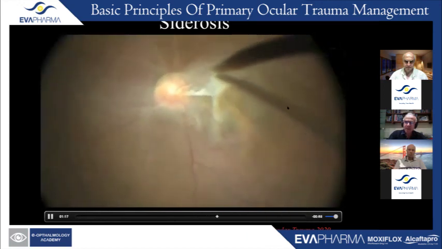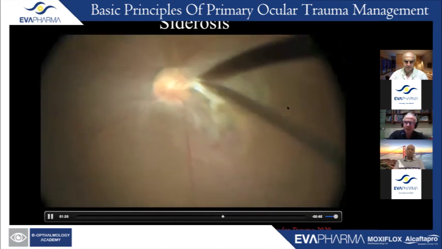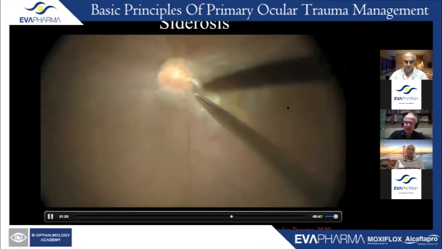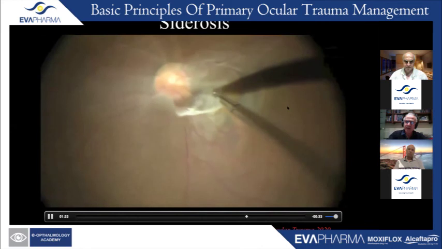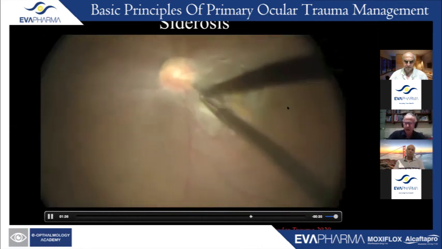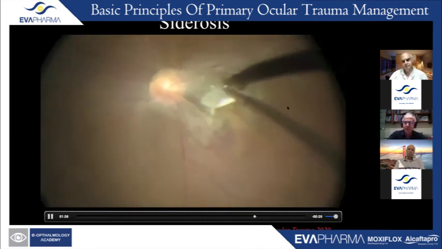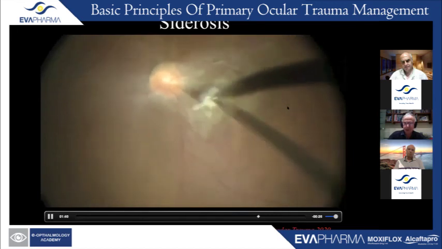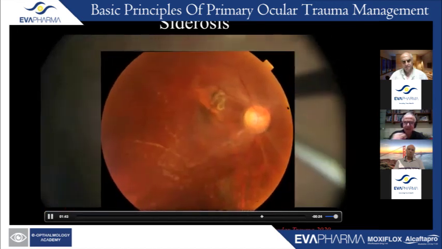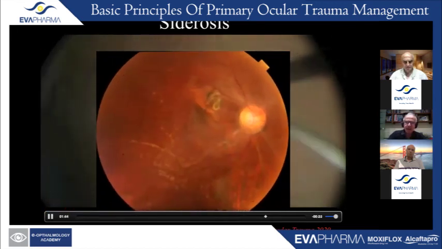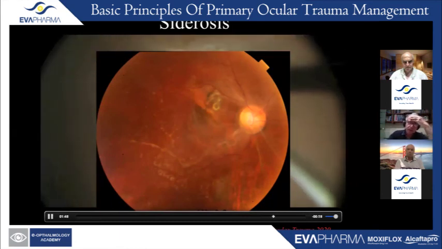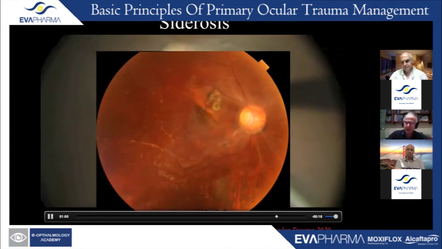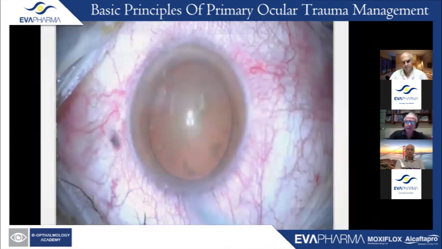These patients with siderosis, siderotic eyes, have a severe inflammatory reaction, and you very frequently meet the epiretinal membranes, which should be removed during surgery. This is the same patient a few weeks later on, and actually the vision with time reached about 0.2, and these siderotic eyes regain or recover vision with time.